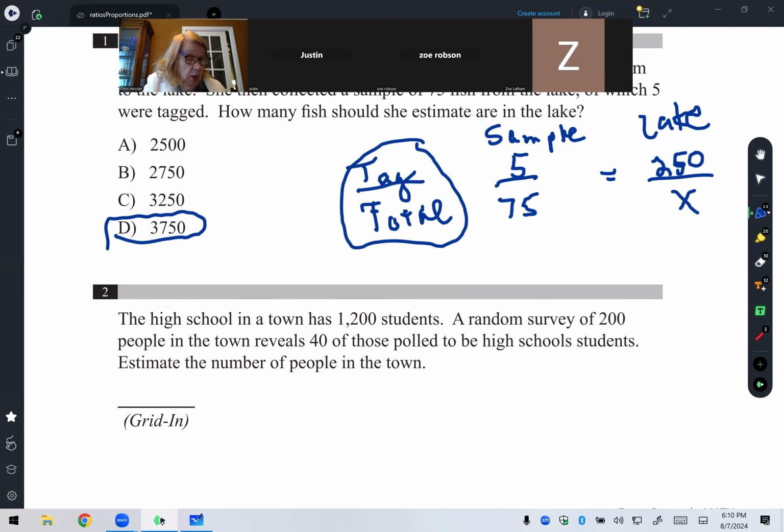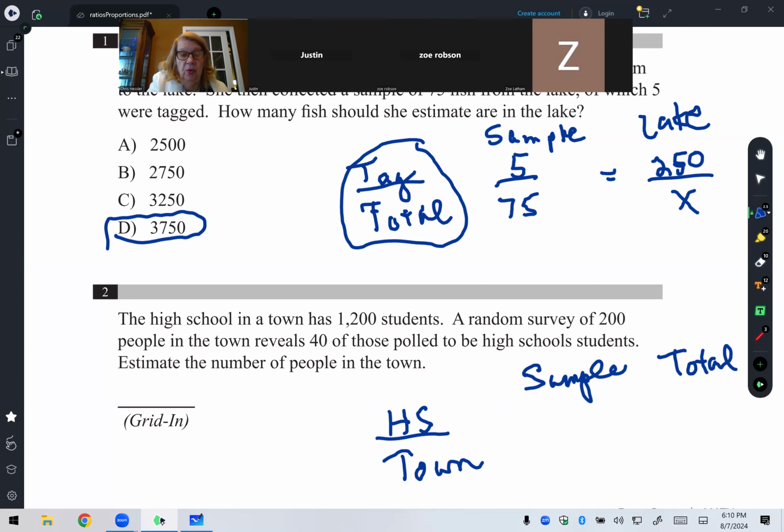We're doing the same thing. There was one of these on test 5, and you'll see this on the ACT too. So let's look at this one. We have the high school, and I don't have to write it all out over the town. And so I have my sample to the total. And I'm trying to find out how many people are in the town.